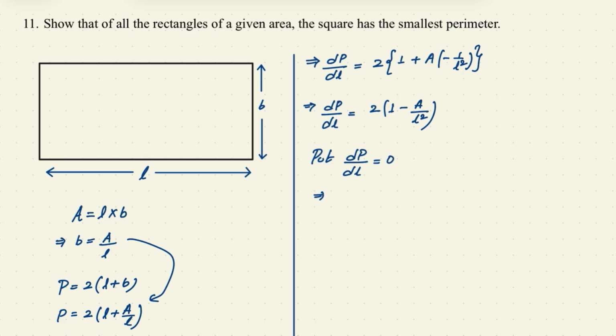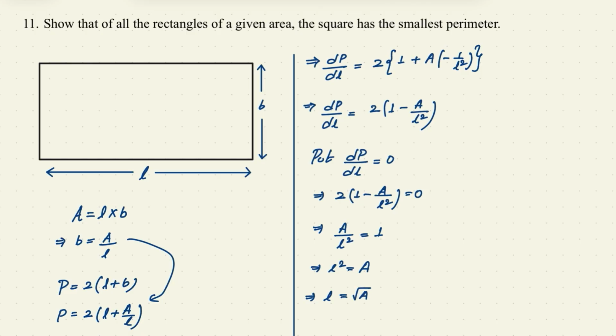On doing so, I'll have 2 into (1 minus A by L square) equals 0. So therefore A by L square will be equal to 1, and hence L square will be equal to A, and the value of L will be equal to square root of A, neglecting the negative value.